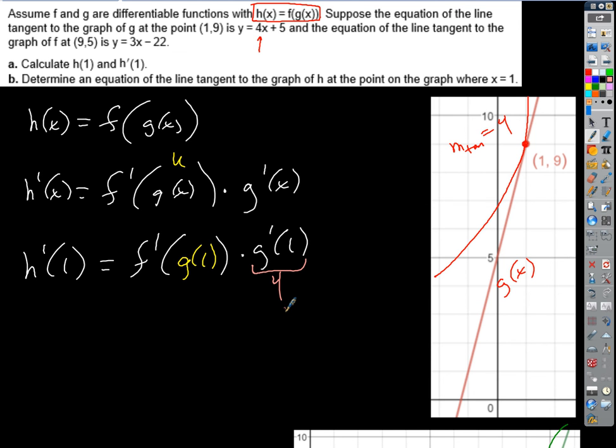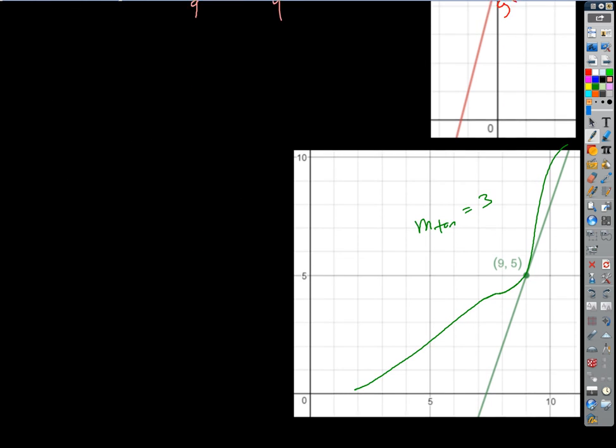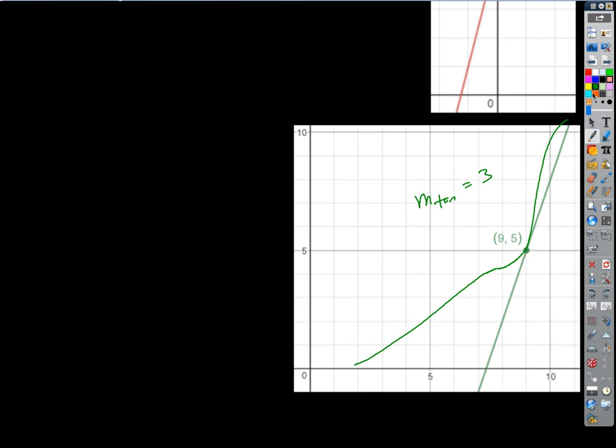Right? So what about f prime of g of 1? Well, what is g of 1? This is the function g. It's 9, right? When we input 1, we output 9. So g of 1 is 9. This was the graph of f, right? Would you agree? So what's the output of f when x is 9?